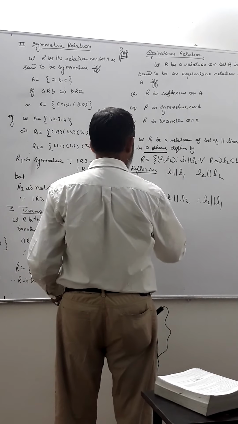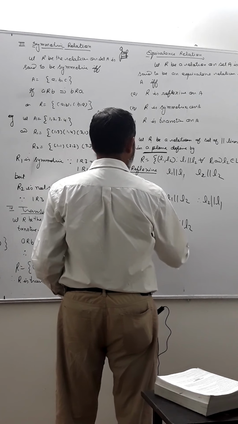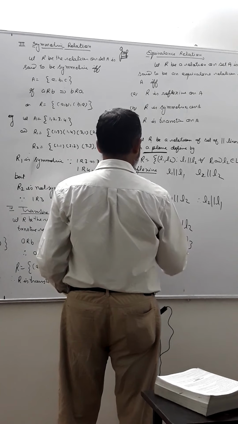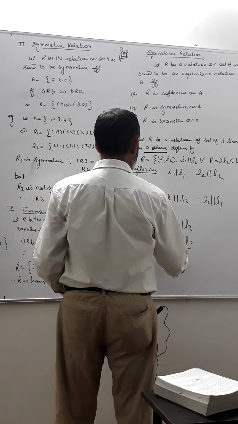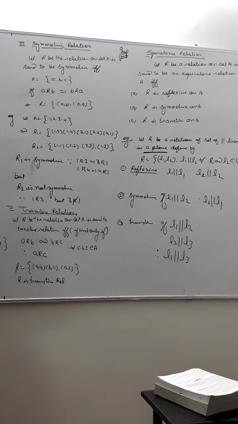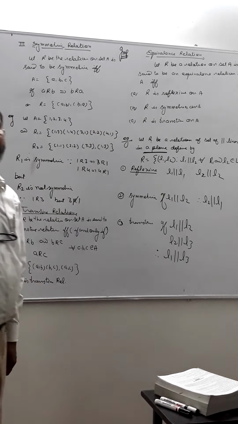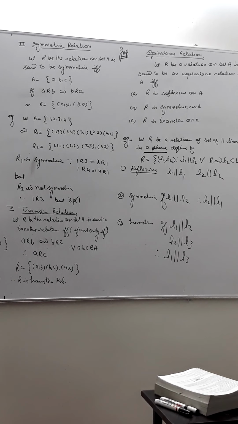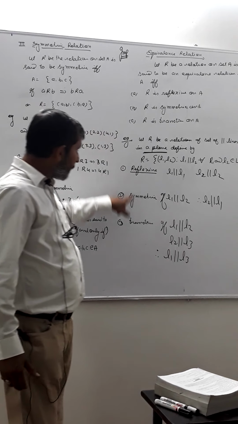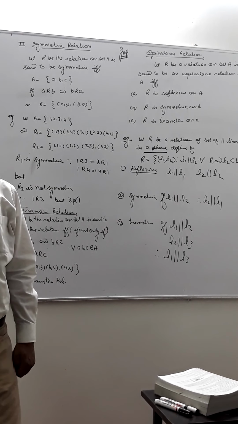If L1 is parallel to L2 and L2 is parallel to L3, then L1 is also parallel to L3. Therefore that relation is transitive, and this relation is reflexive, symmetric as well as transitive. Therefore this relation is known as an equivalence relation.